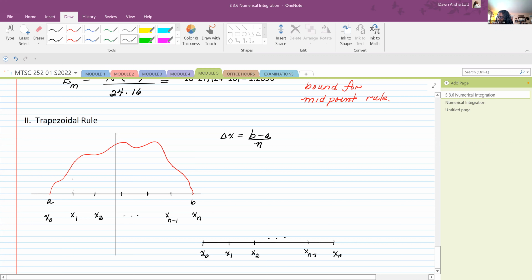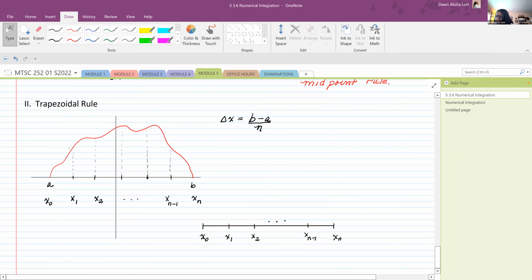Okay, so this time, instead of making rectangles out of our midpoints, this time we are going to make trapezoids. Okay, so here, the first trapezoid actually turns out to really be, for this one, a triangle.